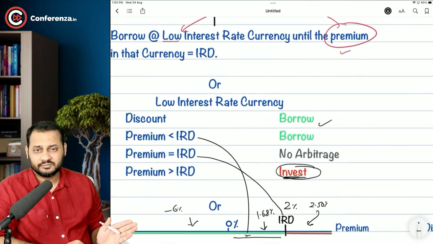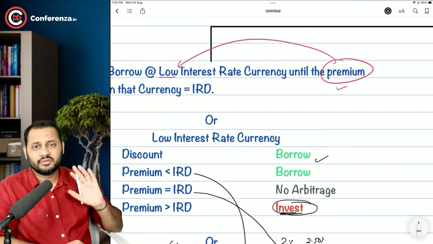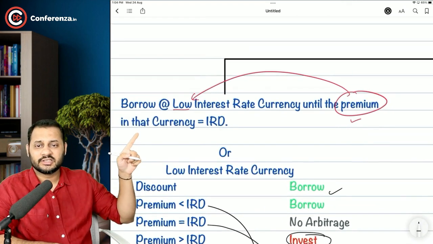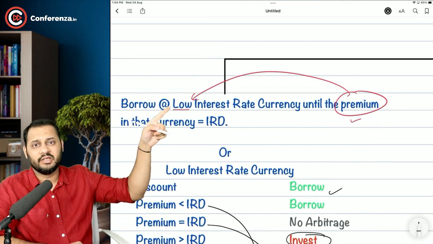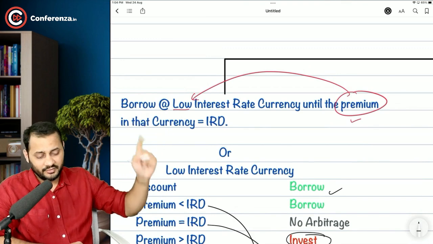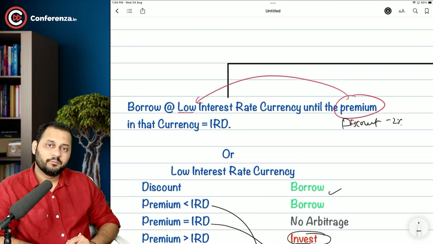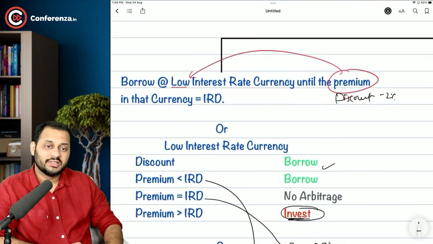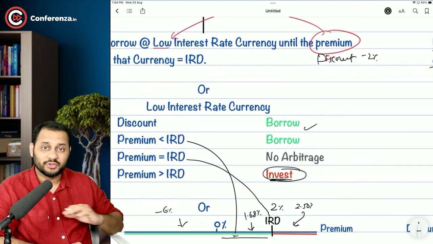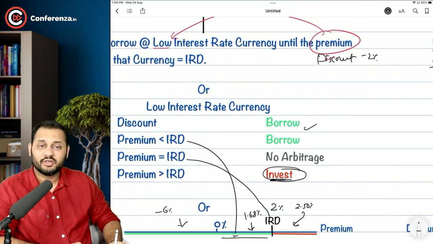Very easy. The very first thing that you should remember is low interest rate currency is expected to be at a premium, and the premium should be equal to this much. If it is not a premium, if it is discount of, let's say, minus 2%, what will happen? You will say that, okay, 2% is matching. No, it's not matching. I will tell you it's not matching.